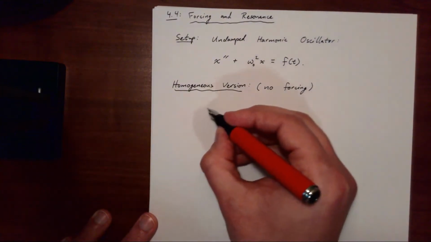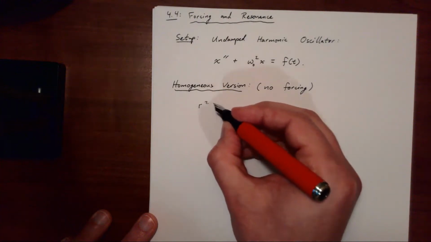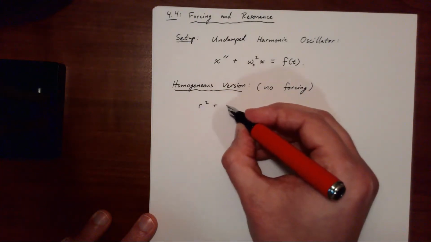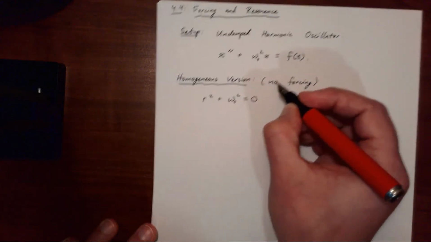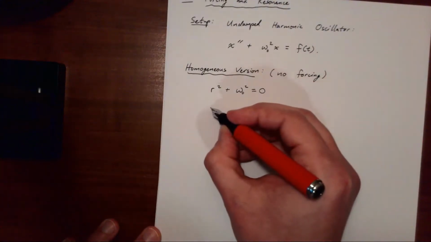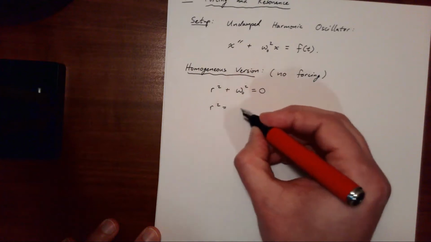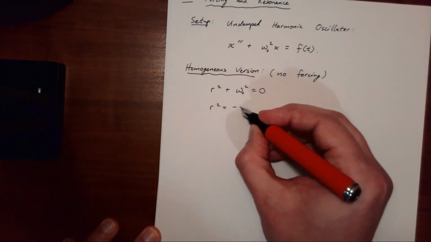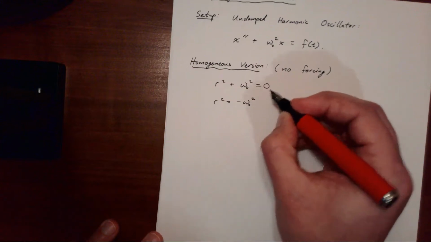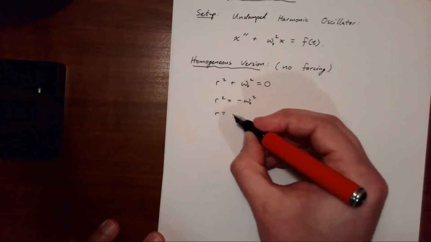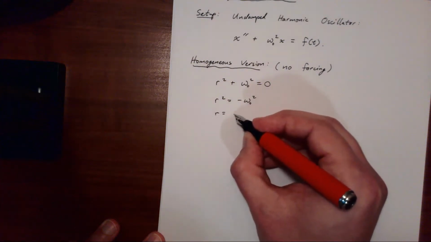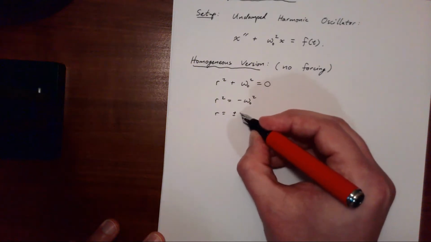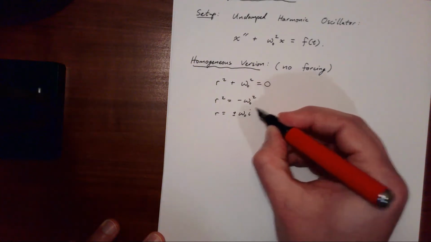Then, if we look at that, we're going to have r squared plus omega naught squared equals 0. And this is a constant. So then that means r squared is going to equal negative omega naught squared, which means that r is going to equal the square root of that, which is going to be plus or minus omega naught i.